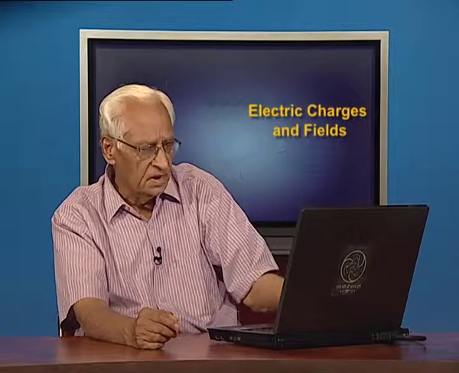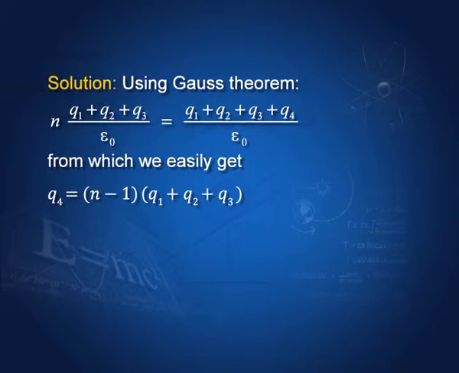It is very simple. The result is that Q4 is n minus 1 times Q1 plus Q2 plus Q3. Note that if n is equal to 1, Q4 is equal to 0. If the flux through this sphere is the same as flux through this sphere, obviously Q4 must be 0, because it has not contributed anything to the flux through S1.